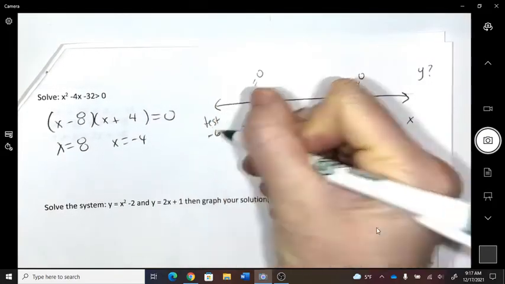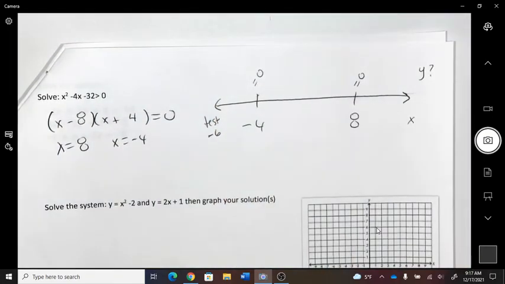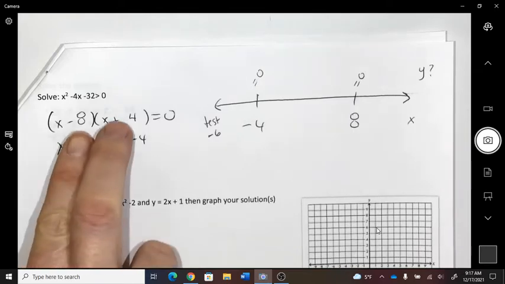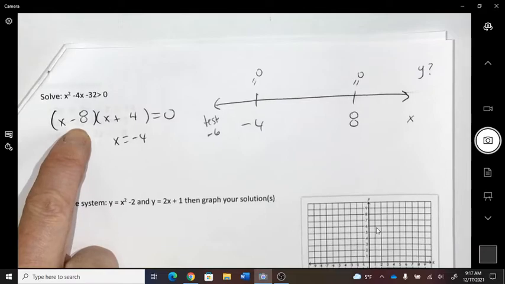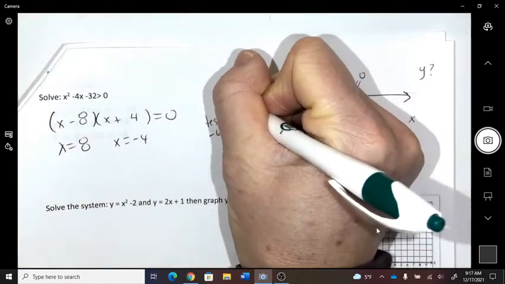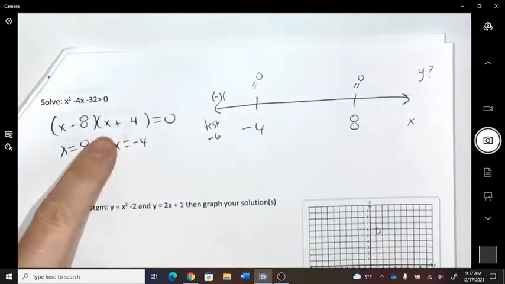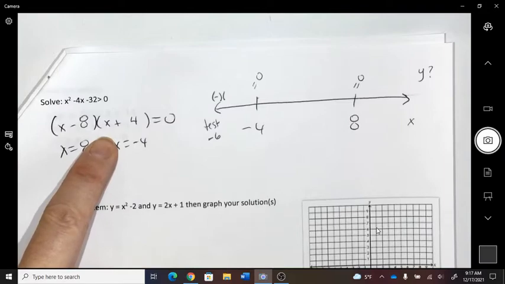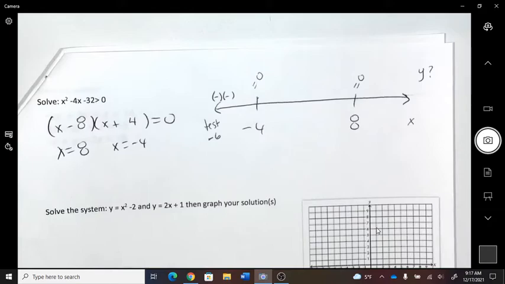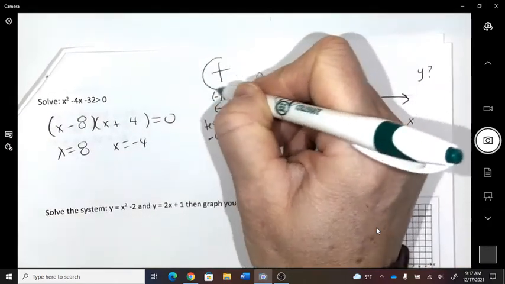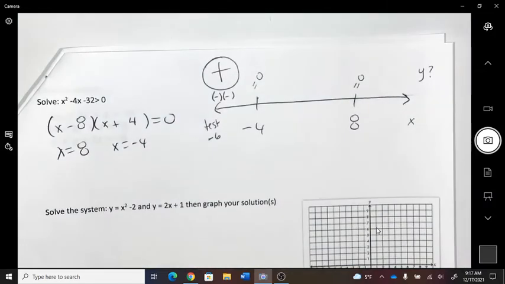I don't know, -6. Okay, I'm going to plug it into these brackets. So -6 minus 8, negative. -6 plus 4, that's negative. 2 negatives, positive.